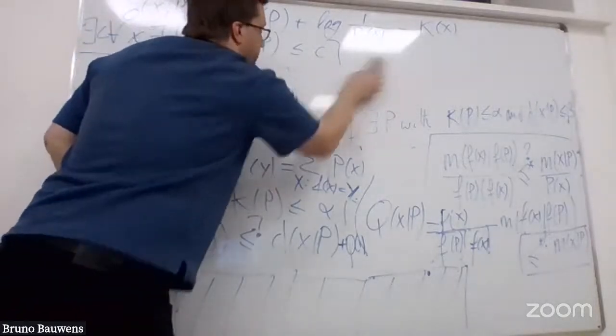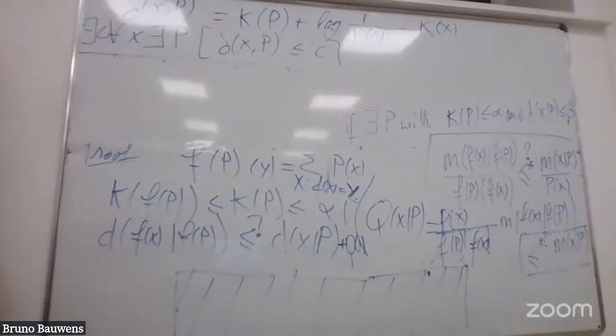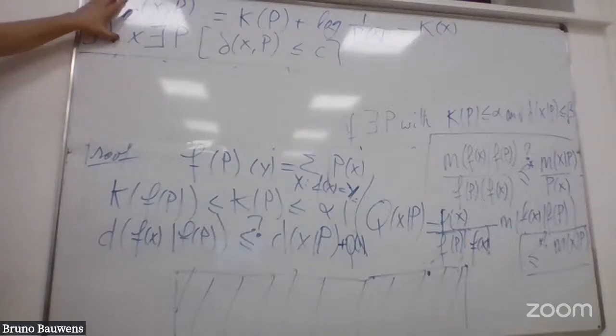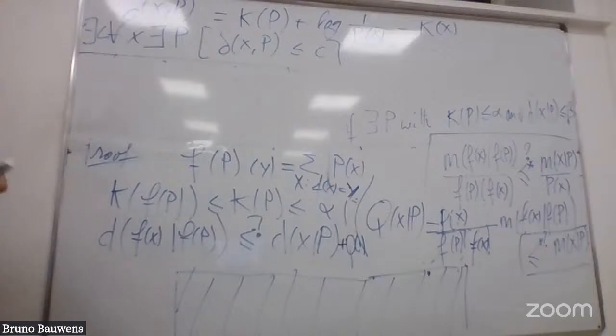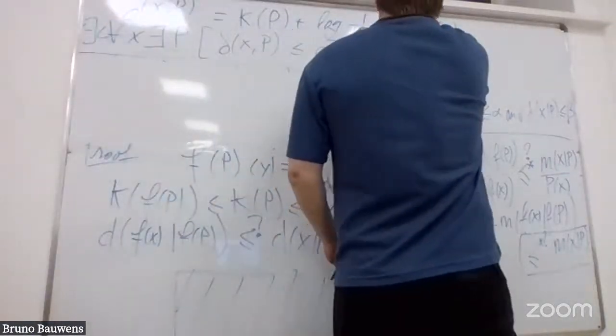There is an easy observation. If we have a model that satisfies this condition, then we know the randomness deficiency is small. So there is a little lemma.